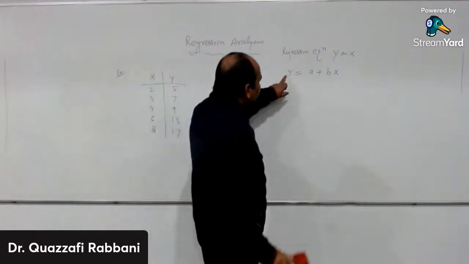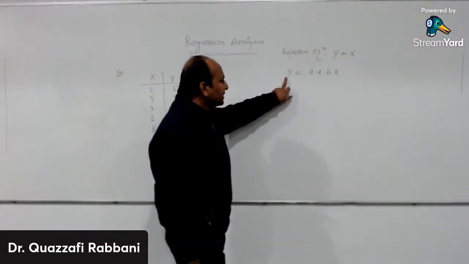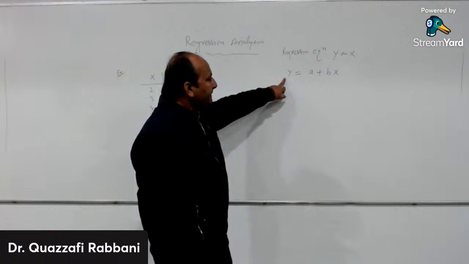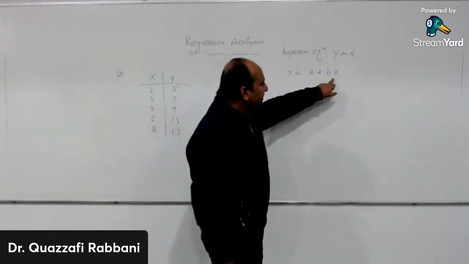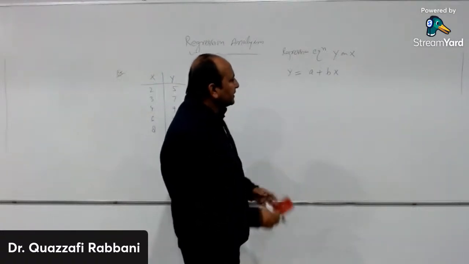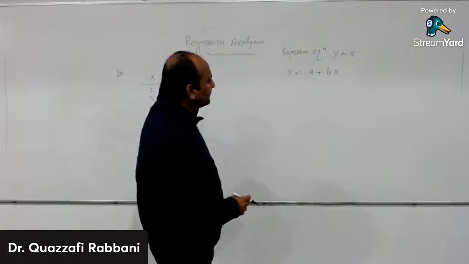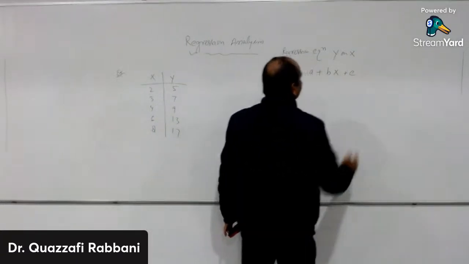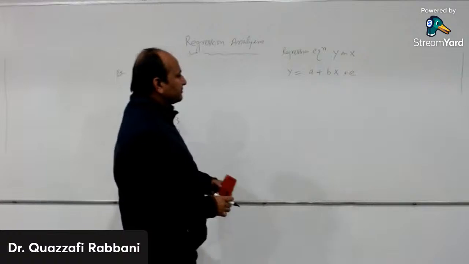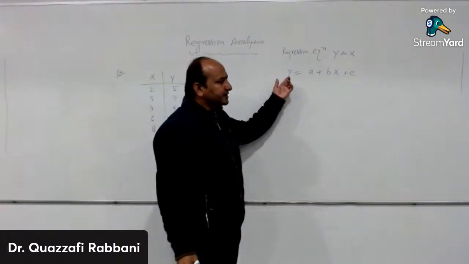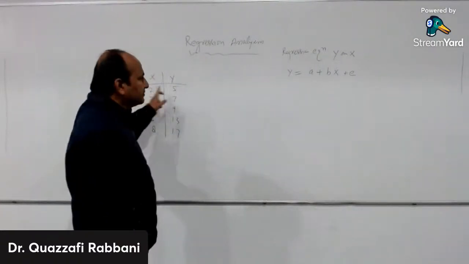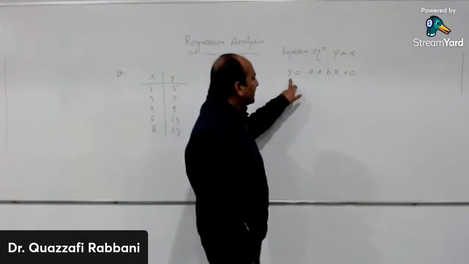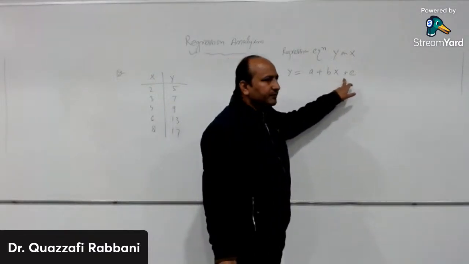Here, this equation is not exact, but an estimated value. If we take some error, then we can calculate the exact value of y. So y is equal to a plus bx plus some error.